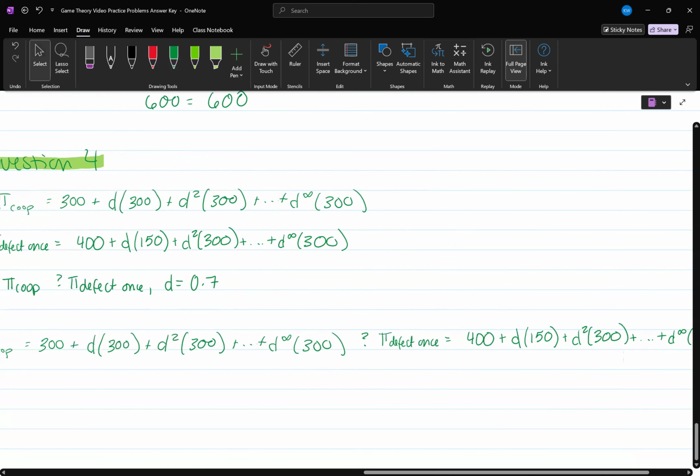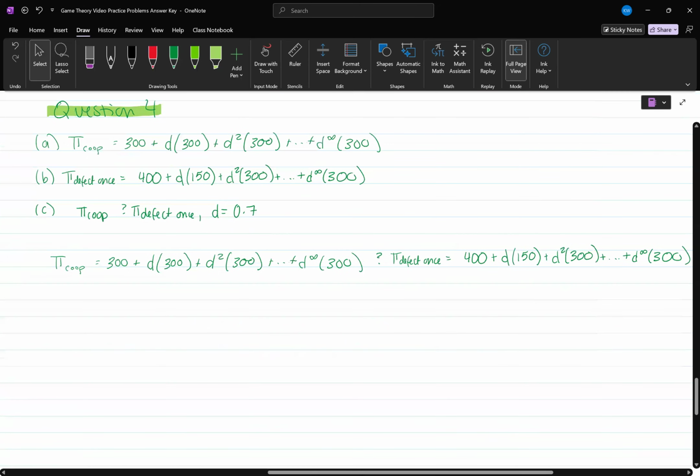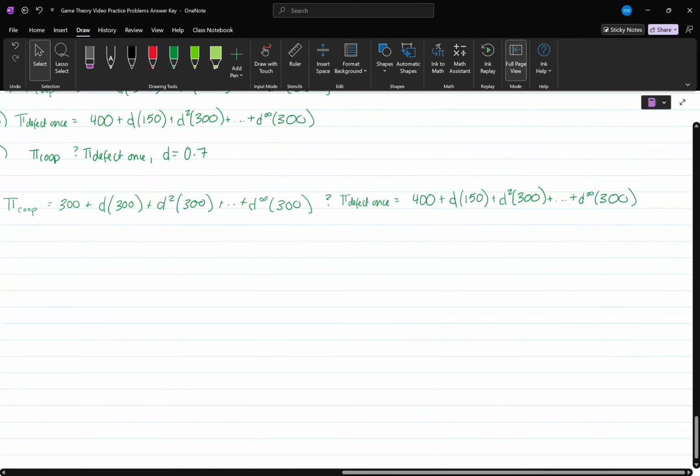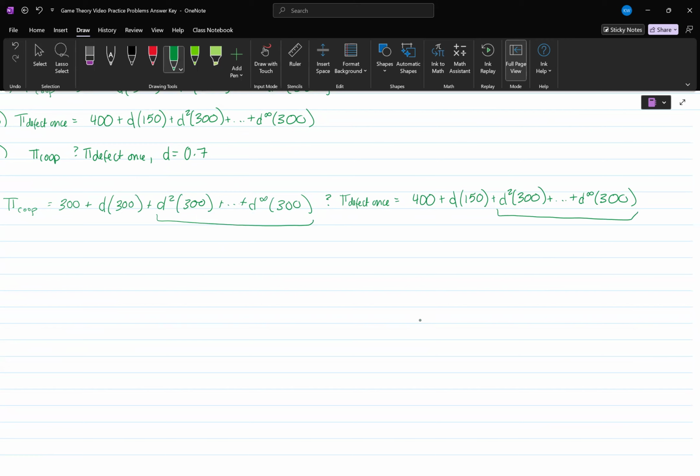All right. So from here, the first thing I'm going to do right away is notice that from d squared on, this infinite series is exactly the same. Okay, so I'm just going to subtract those values from both sides so we don't have to deal with that portion of the series, okay, because they're just going to cancel out. They're exactly the same.